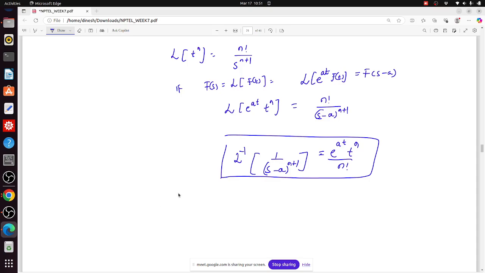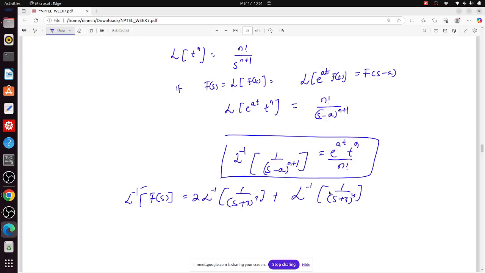So here, if we apply the inverse Laplace transform to f of s, we'll get 2 into the inverse Laplace transform of 1 by (s plus 3) to the power 3 plus the inverse Laplace transform of 1 by (s plus 3) to the power 4.